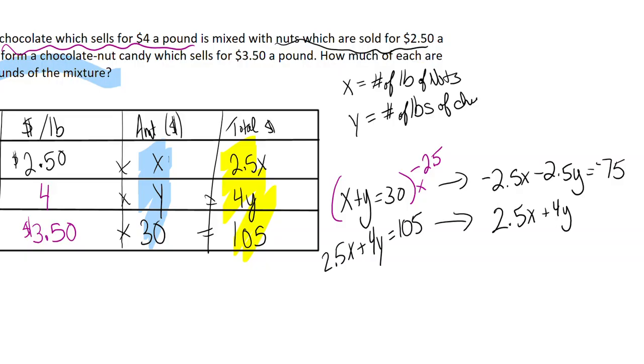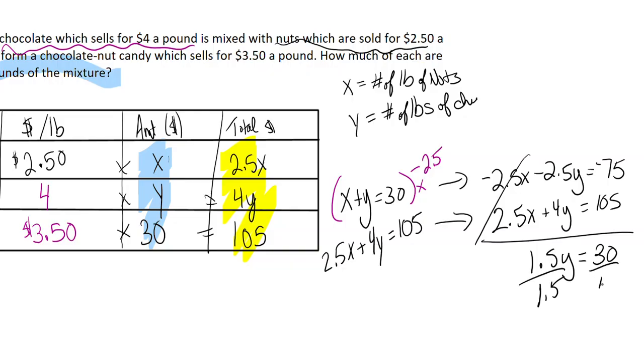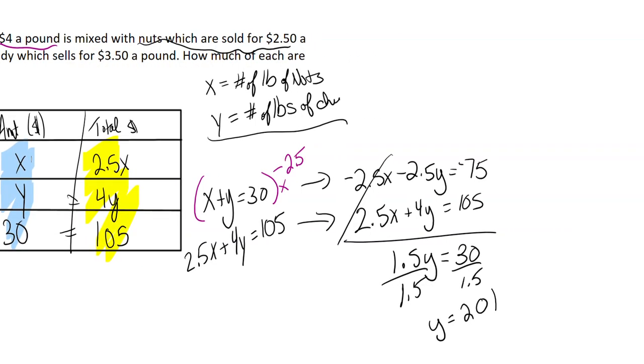So we're going to do elimination because those line up pretty nicely. Those are going to cancel. I'm going to get 1.5y equals 30. And if I divide by 1.5, you're going to get 20. And we have to refer to what we have. So Y is pounds of chocolate, so we're going to get 20 pounds of chocolate.